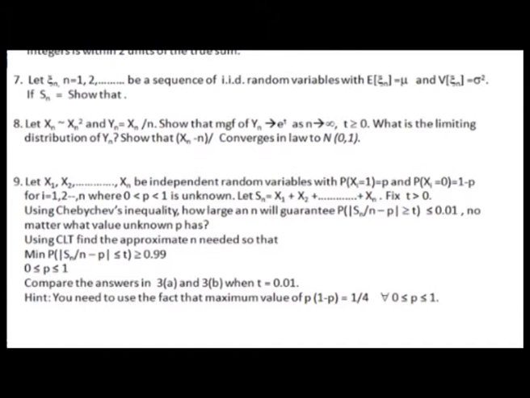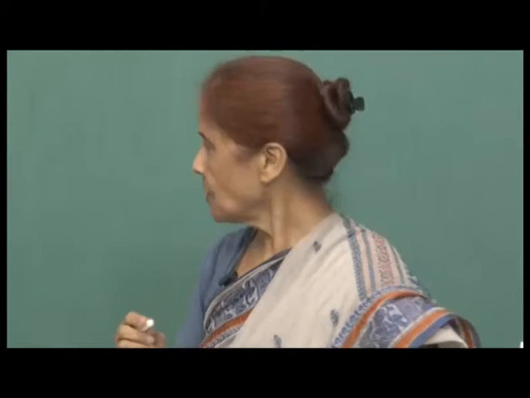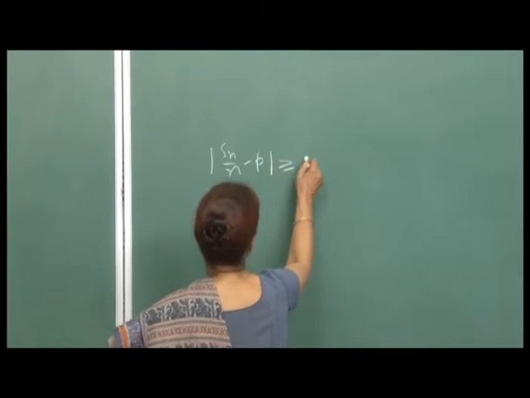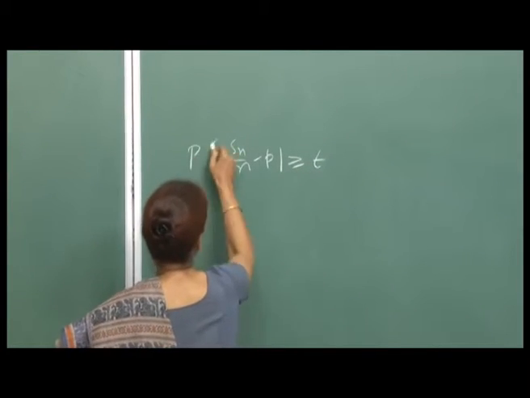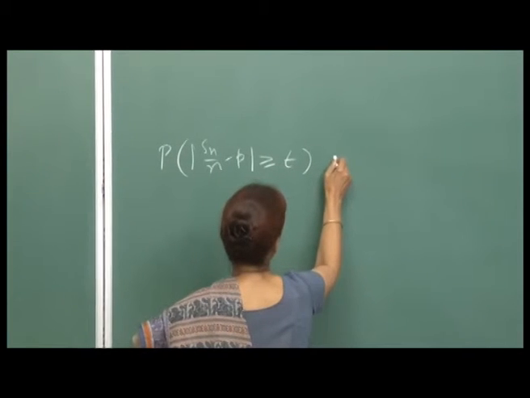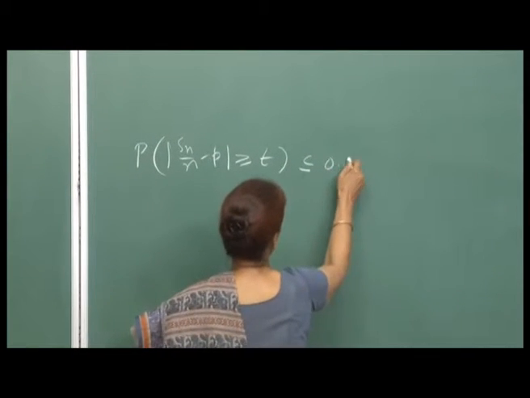So, you want to use Chebyshev's inequality. Here, by Chebyshev's inequality, the probability that |S_n by n minus p| is greater than t, you want less than or equal to 0.01.